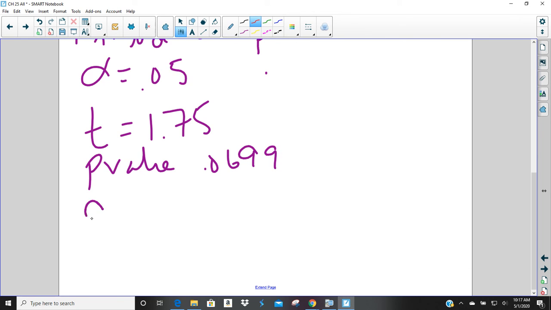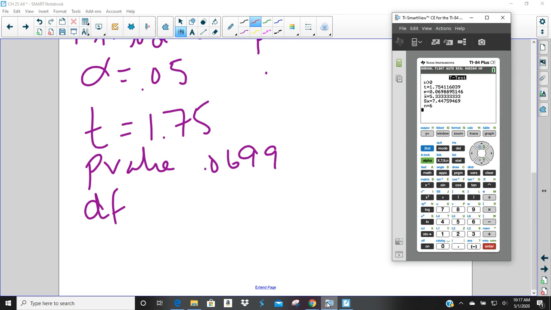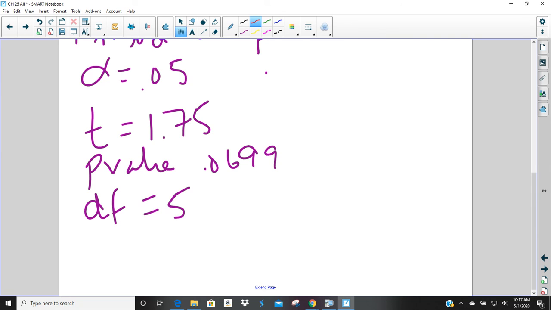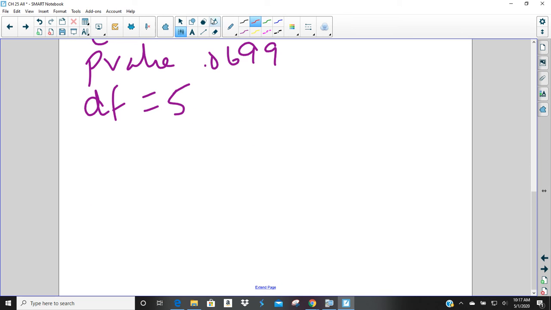And the degrees of freedom, as you can imagine, is going to be 5. It says 6 there, n is 6. So we're going to have degrees of freedom equals 5. Okay, so we obtained the p-value. We're now going to make a conclusion.